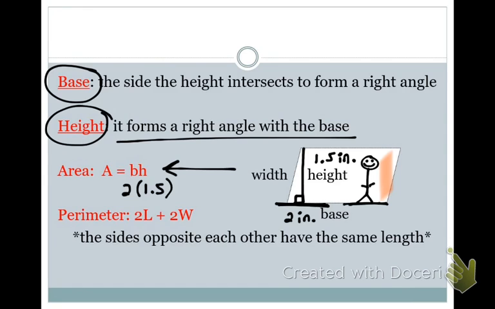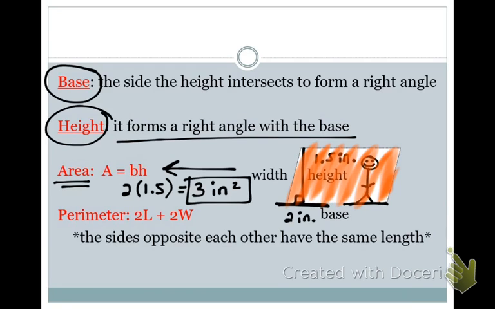What's 2 times 1.5? 3. So this means 3 inches. Now, whenever it's asking you about the area, it's asking you how much space something is. So I'm trying to figure out how much space this entire parallelogram is. That's not just going to be in inches. It's going to be inches squared. So for my area, it's going to be 3 inches squared.